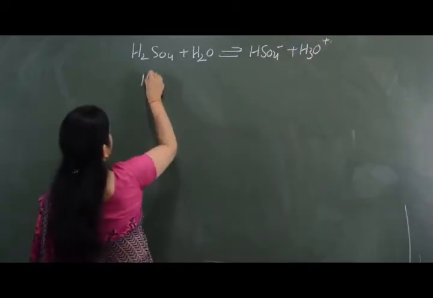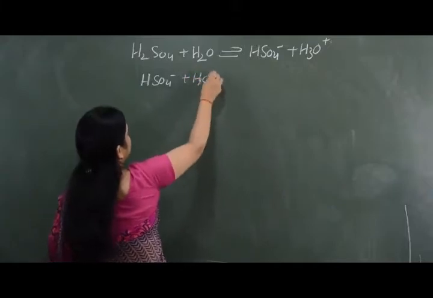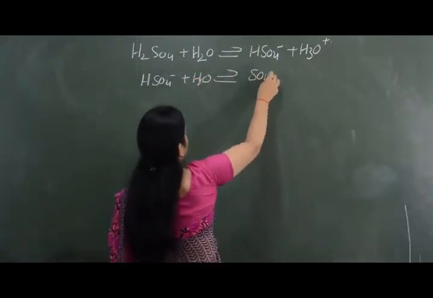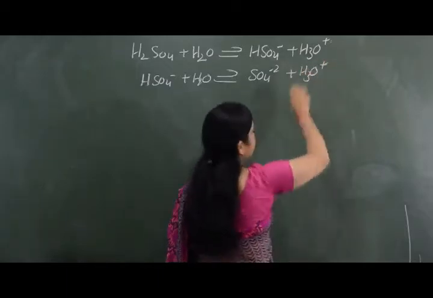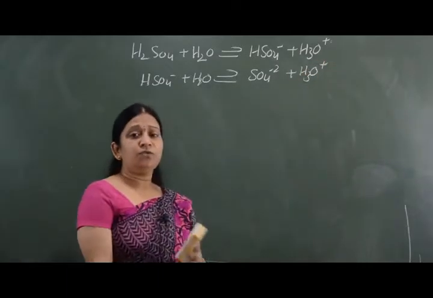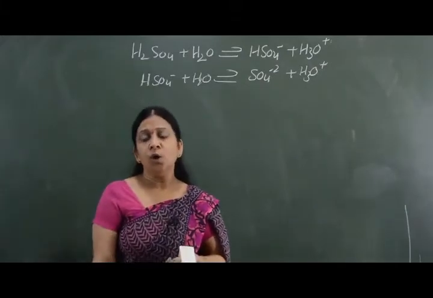In the second step, HSO4 minus further undergoes dissociation, forming SO4 2 minus plus hydronium ion. These are the equations for dissociation of sulfuric acid in water.